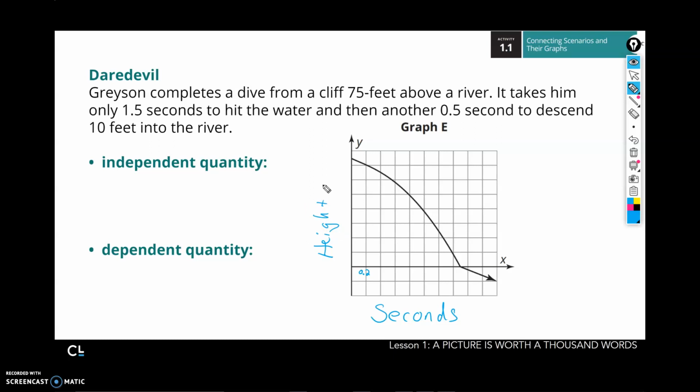He was jumping off a cliff 75 feet high. And we could label this interval and go by 10 feet. And of course, you may want to indicate that your height is in feet. Of course, our time is in seconds for your x-axis. So your independent quantity is time, and your dependent is the height.